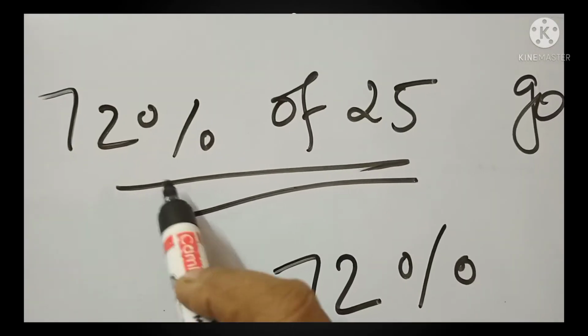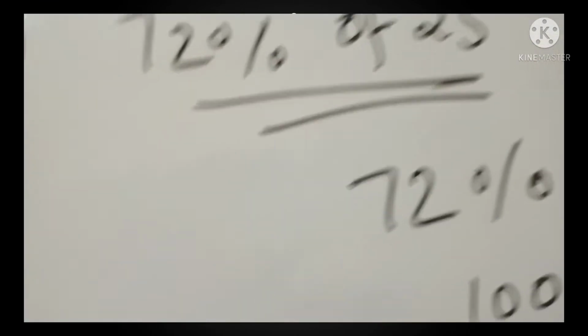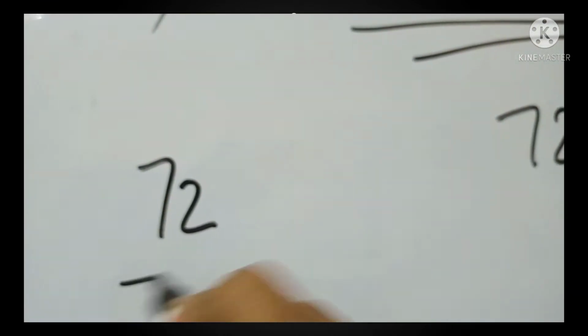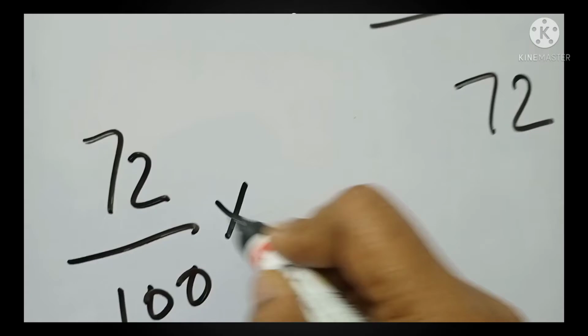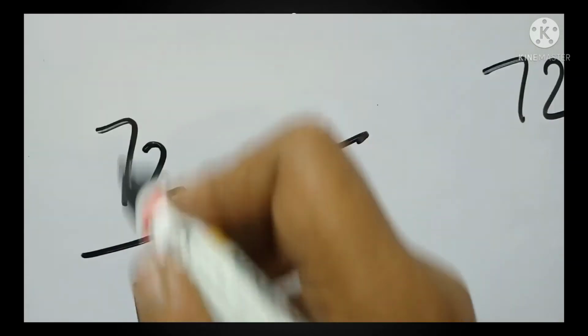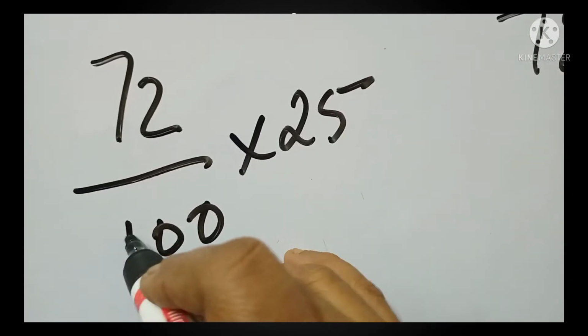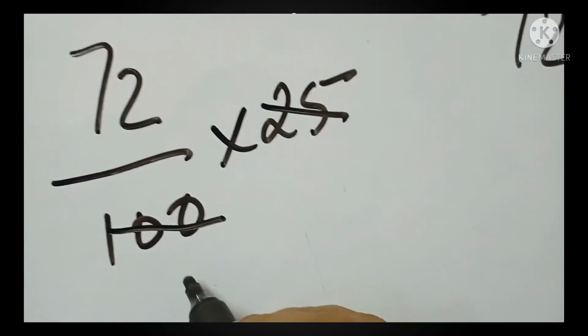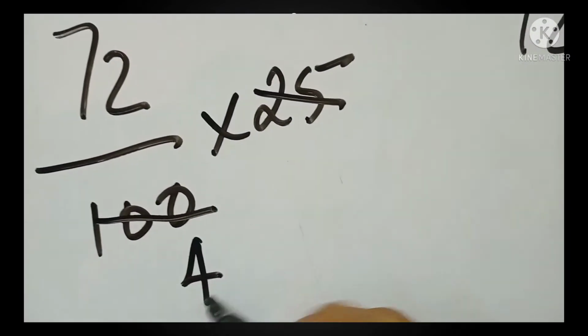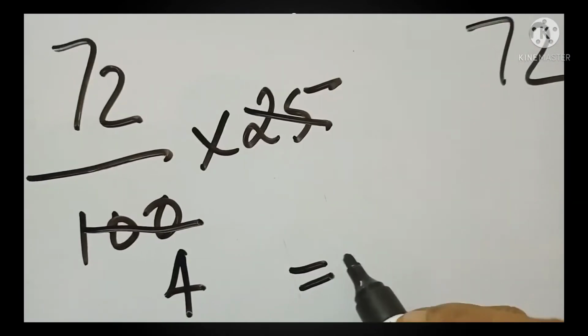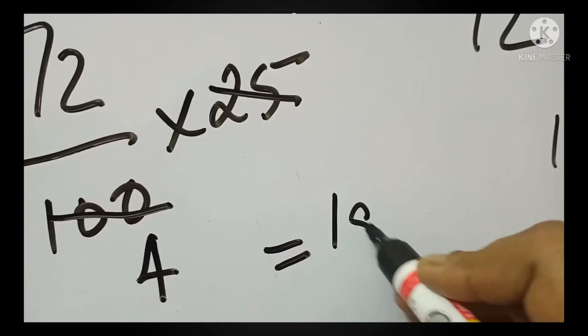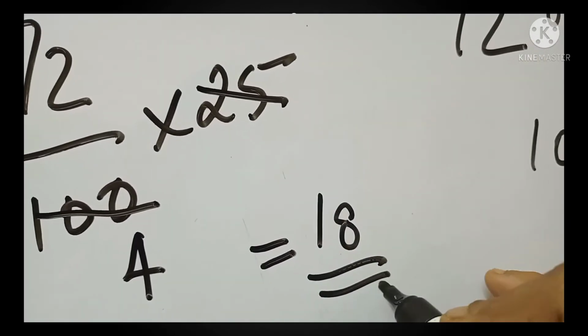Here we find 72 percent of 25. That is 72 by 100 into 25. Then we can cancel 25 and 100. So it is 4. Then 72 by 4 is 18. That means 18 students are good in mathematics.